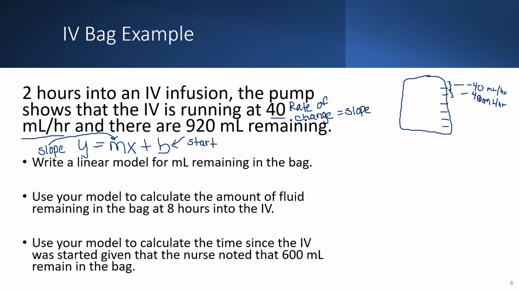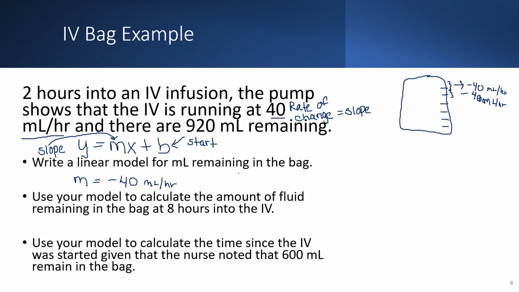And the thing that I am understanding from the context is that my slope is a negative 40 milliliters per hour. And I'm using that negative because I'm to write a linear model for the milliliters remaining in the bag, and the milliliters in the bag are going down by 40 every hour. Now, what is not told to me is how much was in the bag to start.